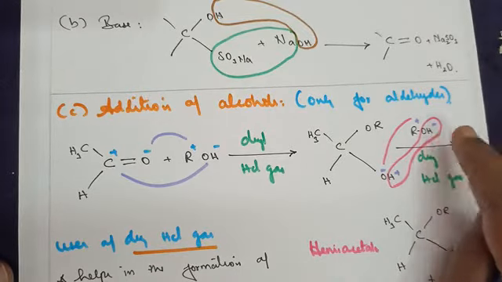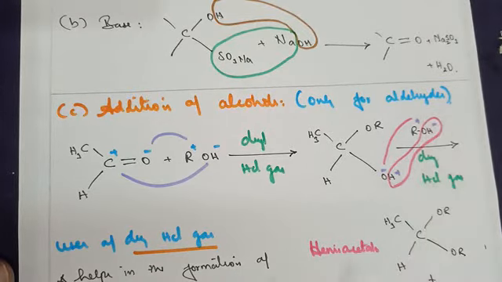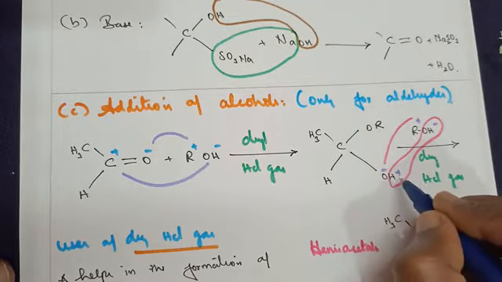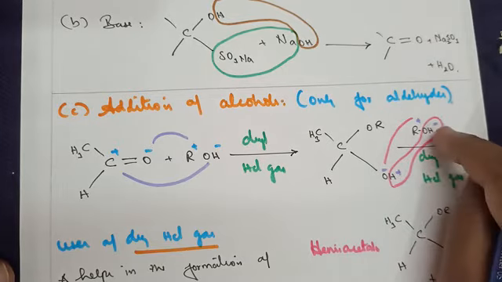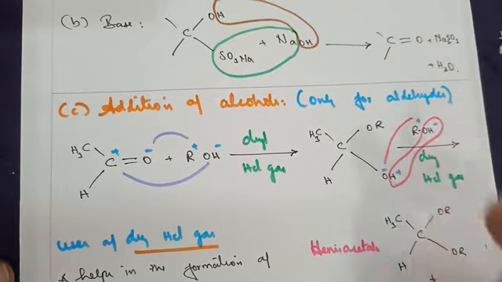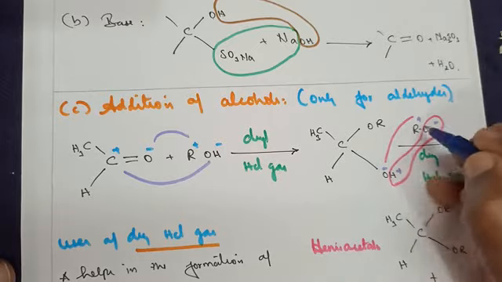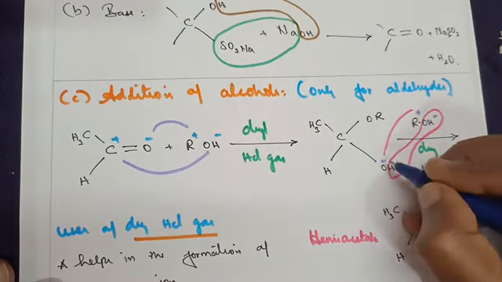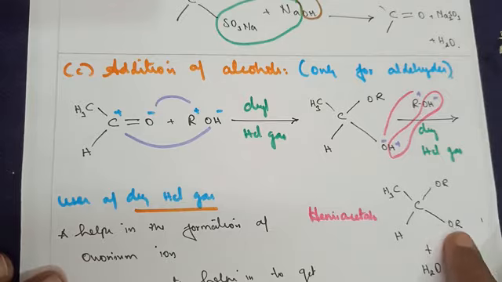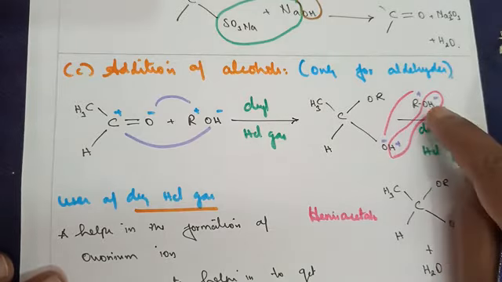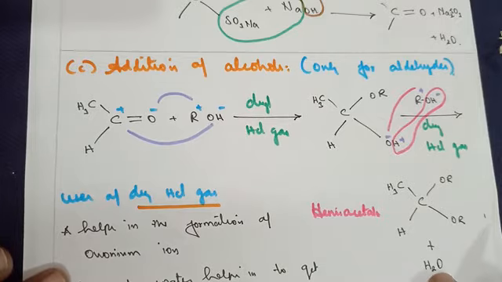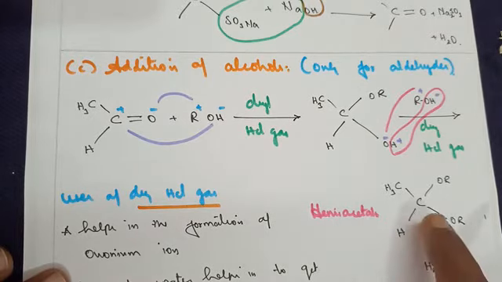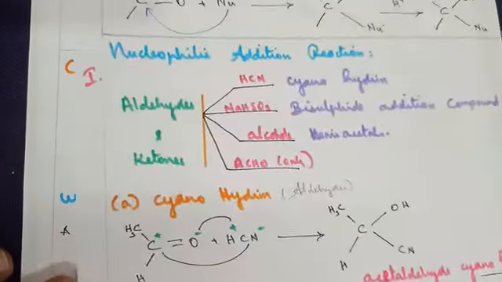Further, when you treat with 1 more molecule of alcohol, between O and H, oxygen has got a negative charge, hydrogen has got a positive charge. In ROH, OH is a minus, R is a positive charge. Opposite signs get along together. O will combine with the OR, 1 more OR you will get. OH and H will combine together to give us the water molecule. So this is the formation of a hemiacetal, what I have written.